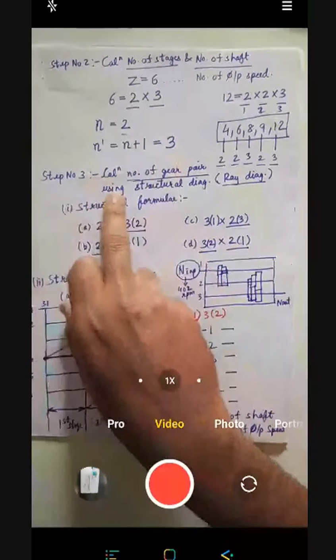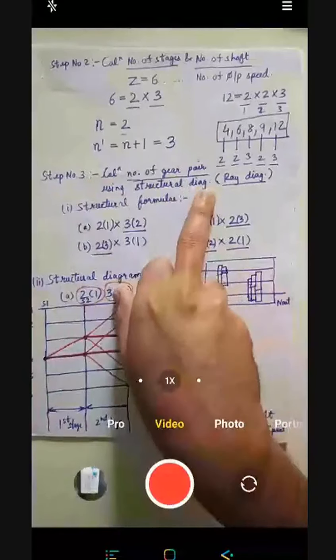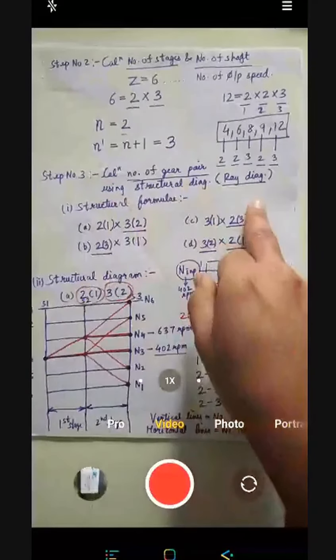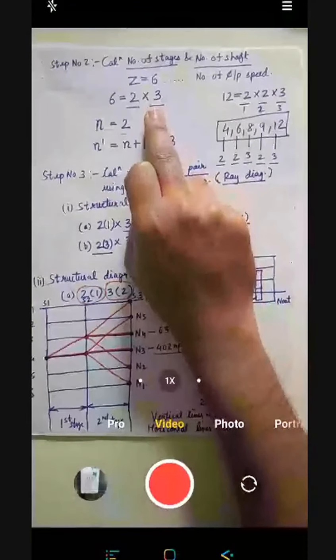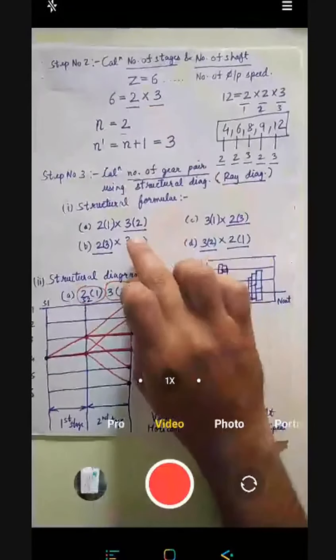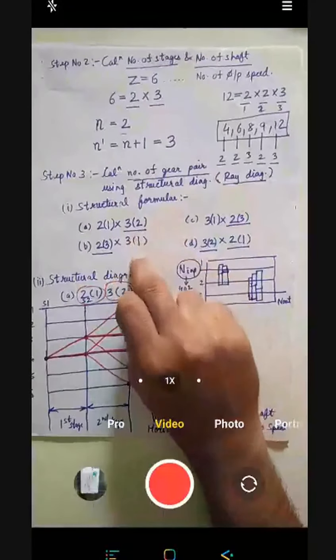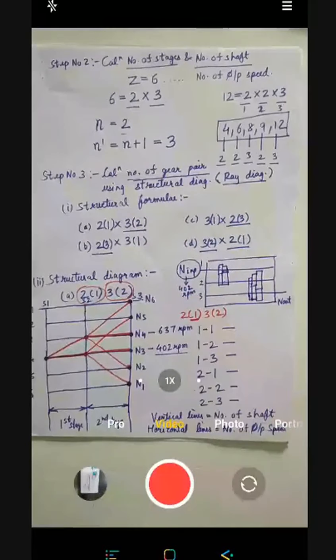Moving on, step number 3: you have to calculate the number of gear pairs using the structural diagram or ray diagram. Using 6 equal to 2 into 3, we have to form different structural formulas.